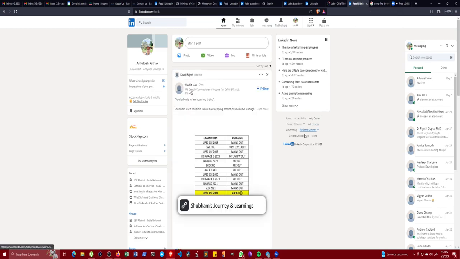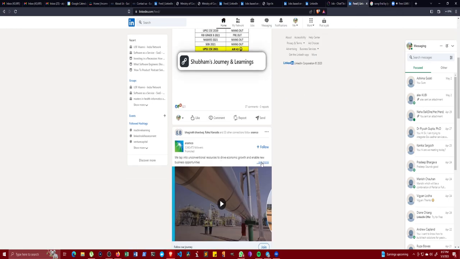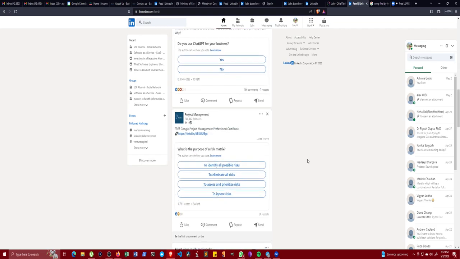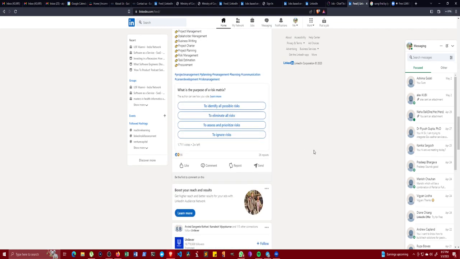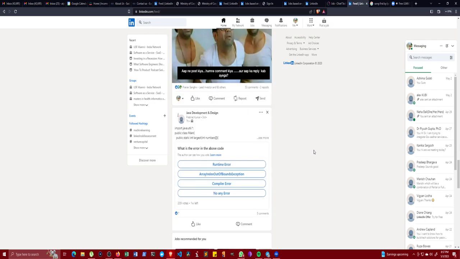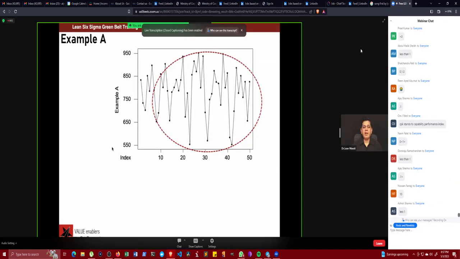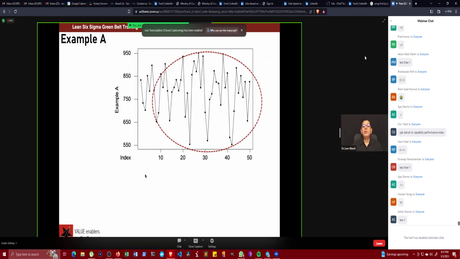If you see the overall here, we will have more practice examples also. I'll give you some values also we can practice. Overall, you have lower specification limit, which is 500, and upper specification limit, which is 900.